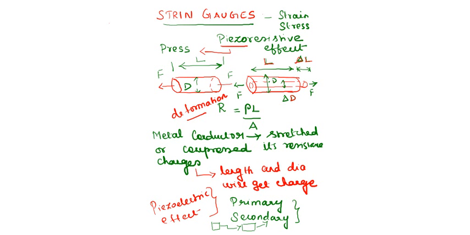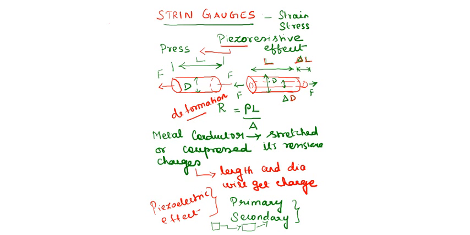Here your input is force and the output is in terms of change in length or change in diameter, that is, your resistance change. This is all based on the expression R equals rho L divided by A. What does that mean? Rho is the resistivity, that is your material, what type of material you are going to use.